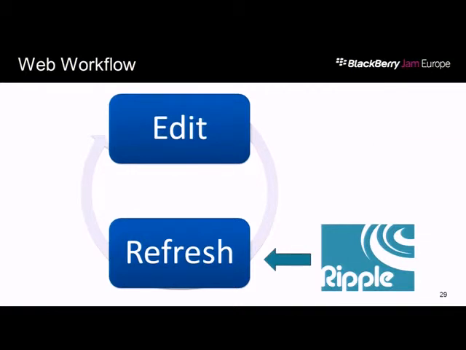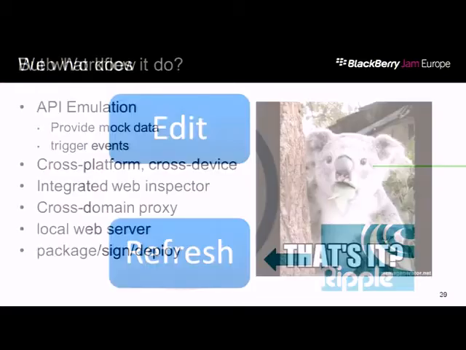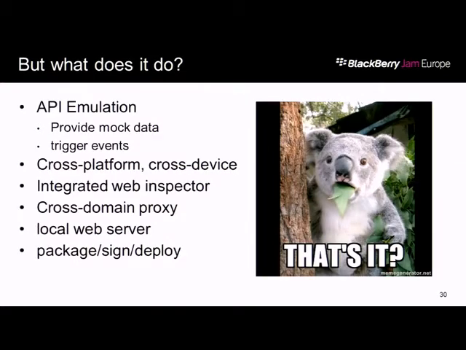So this is really what I was talking about, this quick cycle of edit, refresh, and Ripple just plugs into your Google Chrome instance to provide this emulation environment and APIs. And really what happens underneath the covers, we're going to talk a little bit about what it does. So API emulation provides the mock data for API calls that you're doing in your application. You can also trigger events from the UI of Ripple into the application.